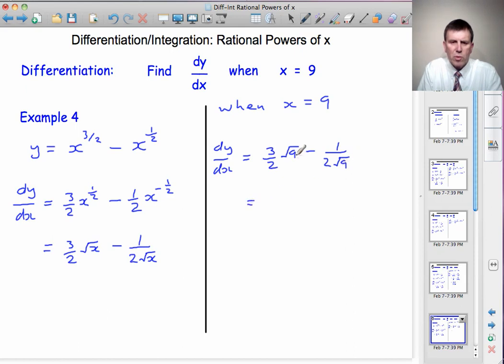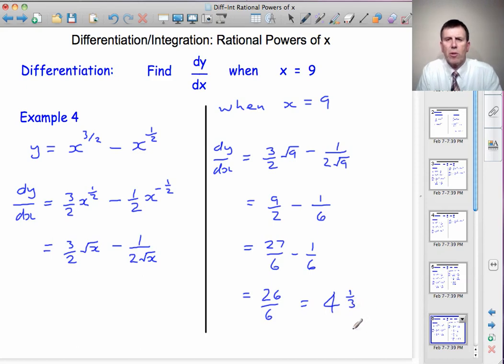So that gives us root 9 is 3, 3 3s are 9, so that's 9 over 2 minus 1 over root 9 is 3, 2 3s are 6. Put that on a common denominator of 6 and we get 27 over 6 minus 1 over 6, which is 26 over 6, or as a mixed number, 4 1/3.